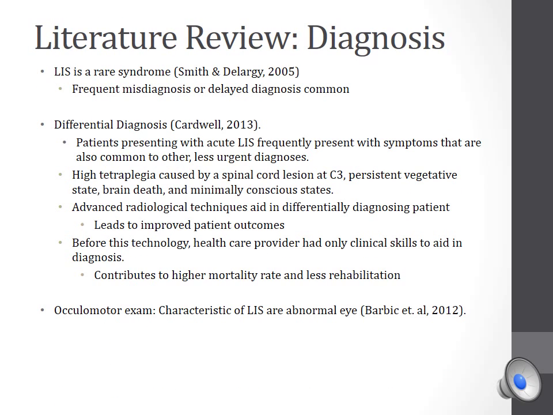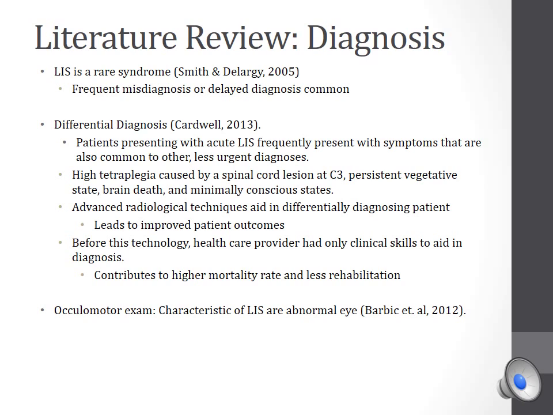Because of the rarity of locked-in syndrome, most clinicians might encounter such a patient once or twice during their career, and due to the overlapping features of locked-in syndrome with other neurological syndromes, there are frequent chances of misdiagnosis or delayed diagnosis. When advanced radiological techniques such as CT scans, MRI, EEG, and PET scans became available, they enabled clinicians to readily differentiate diagnosis in locked-in syndrome.